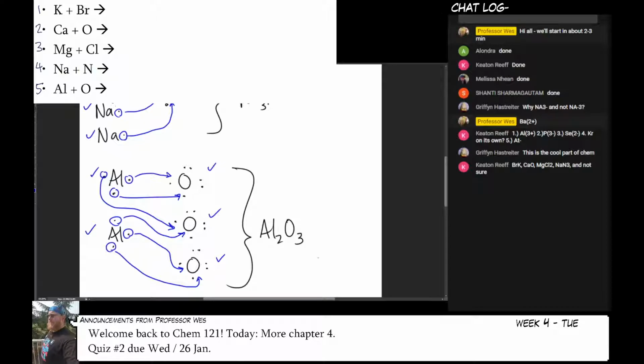So this is how you do these structures using valence electrons and pushing them around all over the place. All right, let me know if you have any questions.